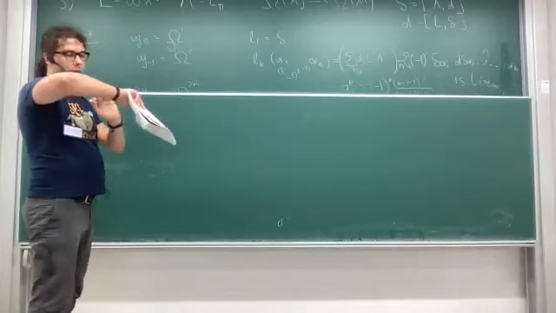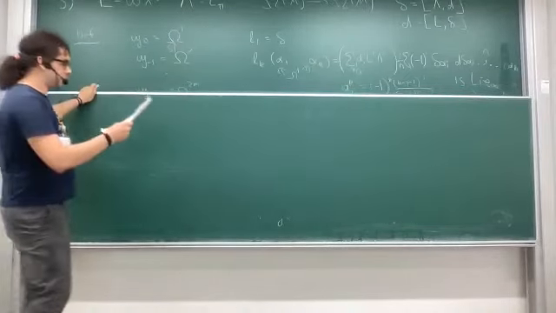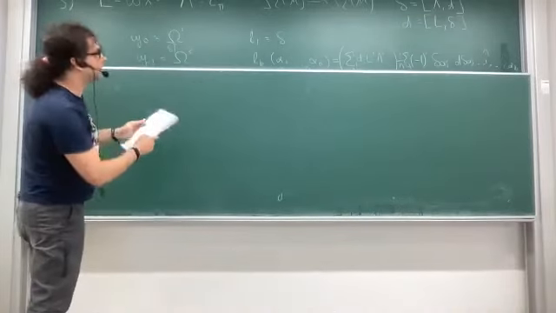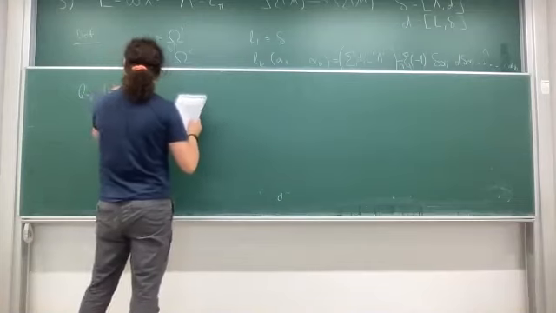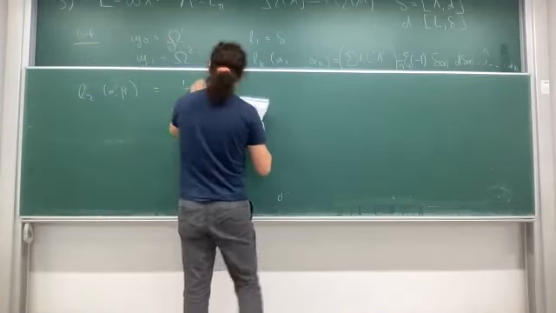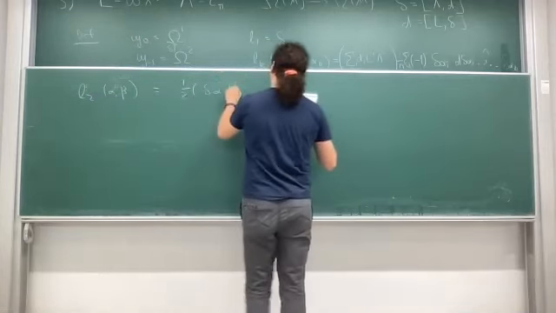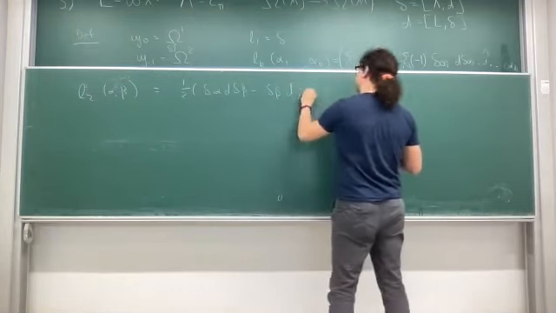Now I would just write down the first few terms, because this formula is a little bit encapsulated. L2 of alpha, beta is 1/2 of delta alpha d delta beta minus delta beta d delta alpha.